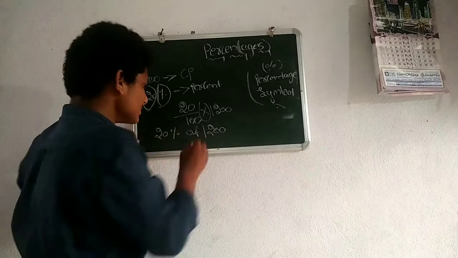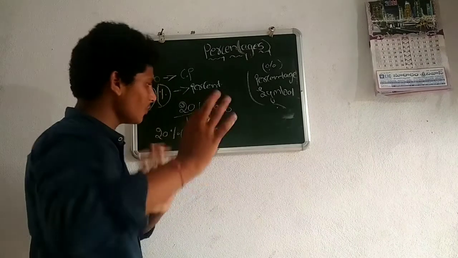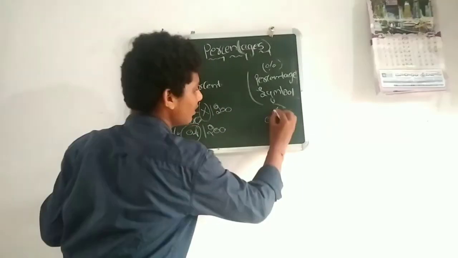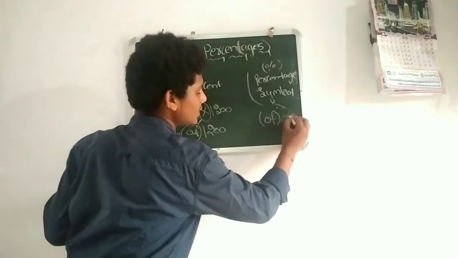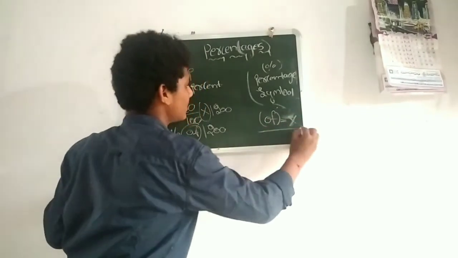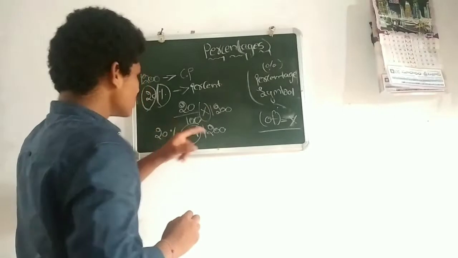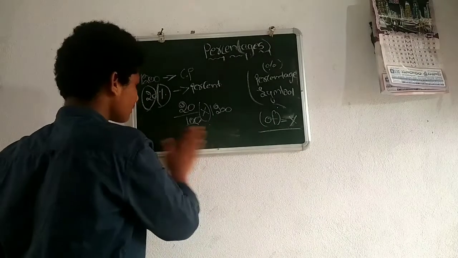Here we have to think only that "of" is compulsorily a multiplication symbol. Of is equal to multiplication, so we write multiplication here.